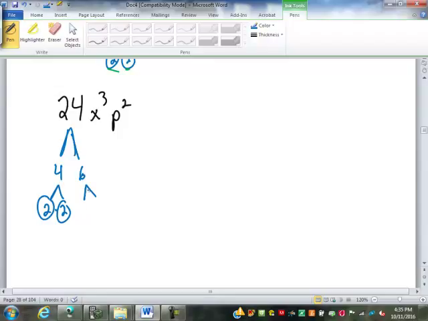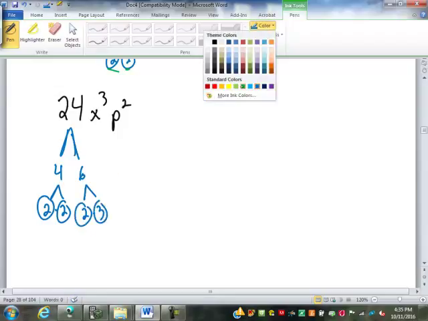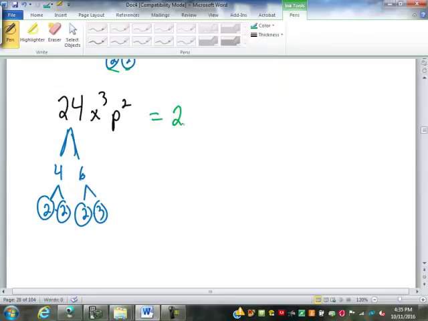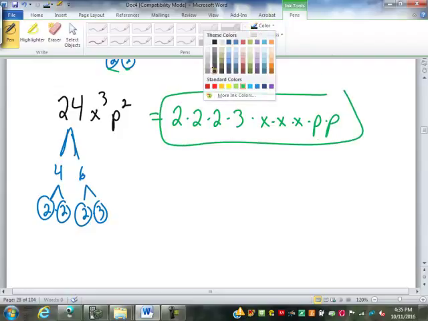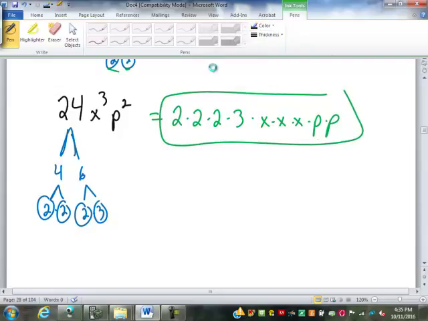Sorry, 4 is 2 times 2. 6 is 2 times 3. So that means the numerical part is 2 times 2 times 2 times 3. X to the third is just 3 x's, and p squared is p times p. So that is factored completely. Does that look familiar? Any questions on factoring?